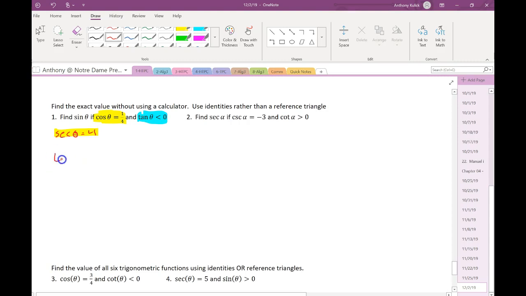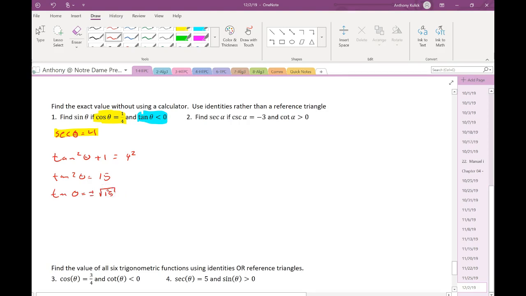So, that says that tan squared plus 1 is equal to 4 squared, because secant is 4. So that tells me that tan squared is 15, or tangent theta is plus or minus the square root of 15.